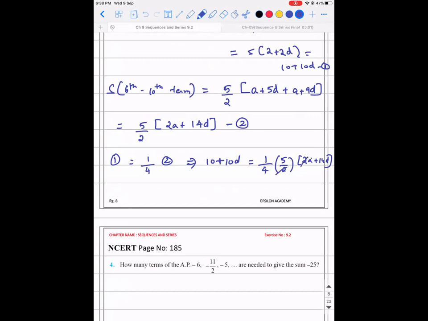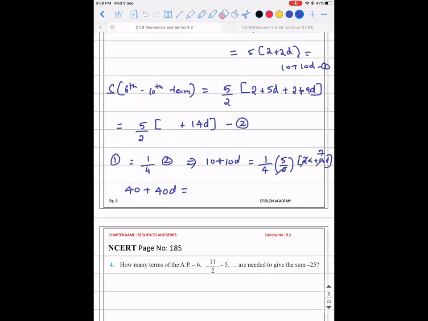So this 2 will cancel this one time and this one 7 times. So 40 plus 40D is equal to, oh, A is given, right? I'm sorry, it is 2 plus 5D. One minute. It is 2 plus 5D, it is 2 plus 9D.